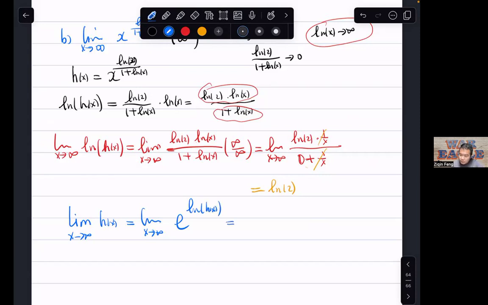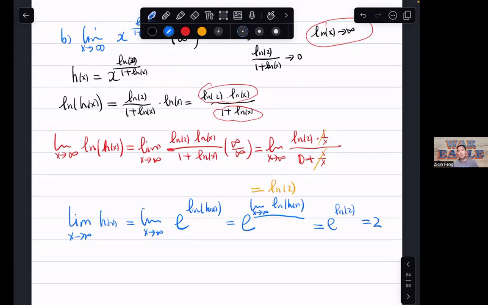Because the exponential function is continuous everywhere, you can put the limit in the exponent position. And this limit here we happen to know. So this is e to natural log of 2, so this is 2. So our final answer for this problem is 2, right?